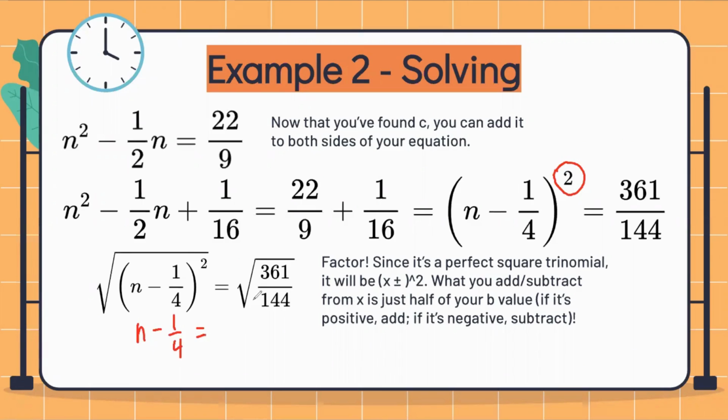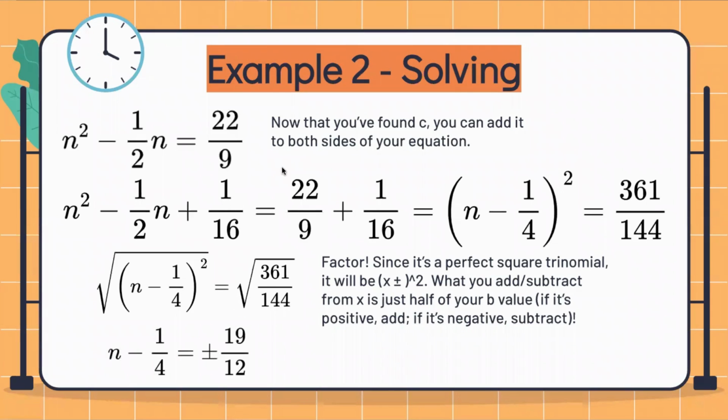And then for the square root of 361 over 144, you just want to take the individual square roots of 361 and 144, and that would give you 19 over 12. And remember, when you're taking the square root of something, it's going to be both the positive and negative value. So you would have n minus 1/4 equals plus or minus 19 over 12.